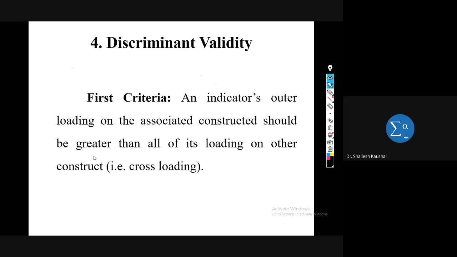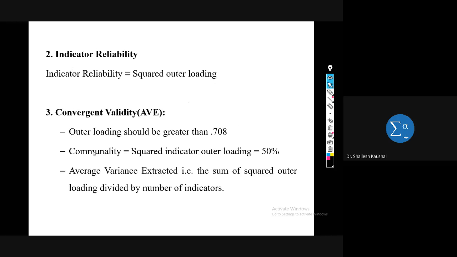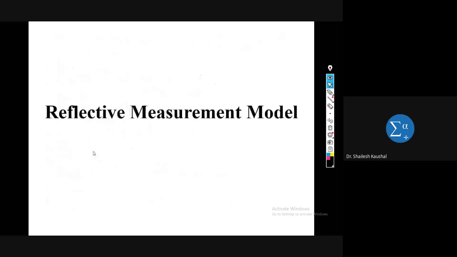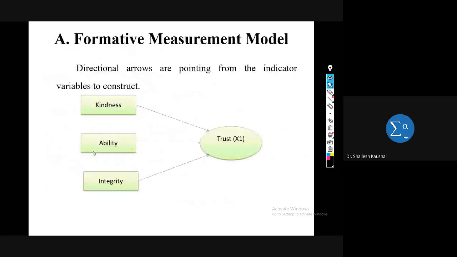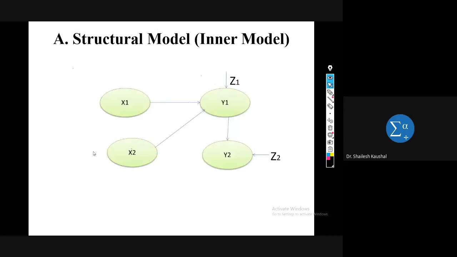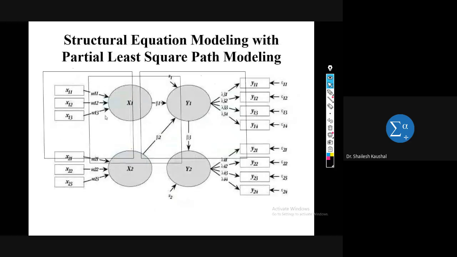And the term outer weight we use in the formative model. So there are two terms we will use. Outer loading means these, the lambda values; all of these are outer loadings. And w means outer weight.